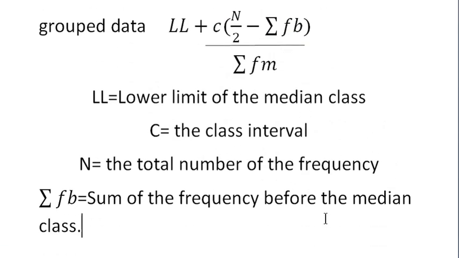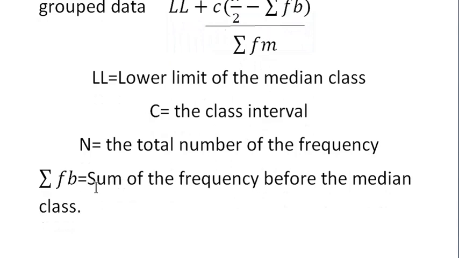Then finally FM. I'm trying to analyze the values we have in this formula one after the other. This LL is the lower limit of the median class. Then this C is the class interval. Then N over 2, we have N here. N is the total number of frequency. 2 is constant in this formula. Then we have sigma FB, which is sum of the frequency before the median class.